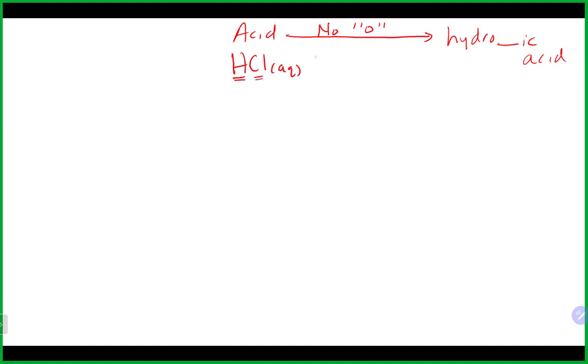So this would be hydro. The middle part of the name comes from the negative guy, so that's like chlorine or chloride. So this would be hydrochloric acid. It's from the negative guy. The cation here is H+. The anion is Cl-.